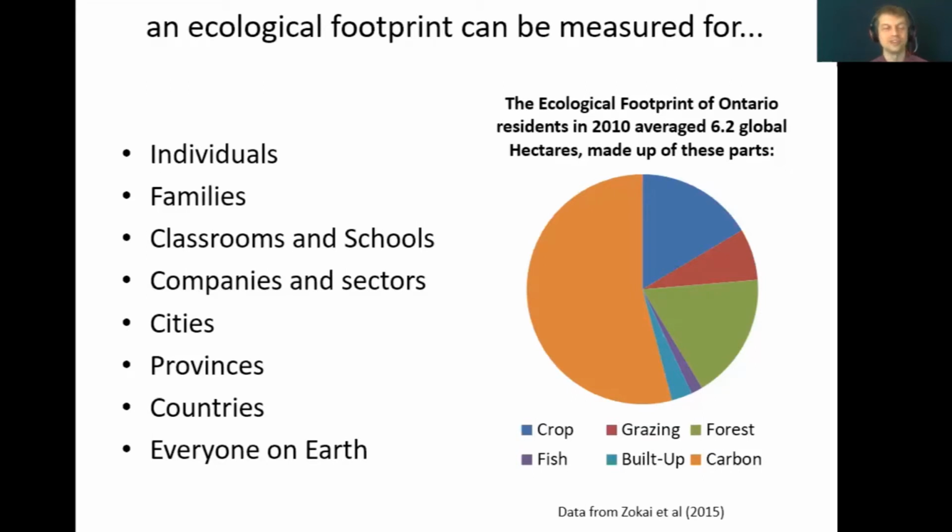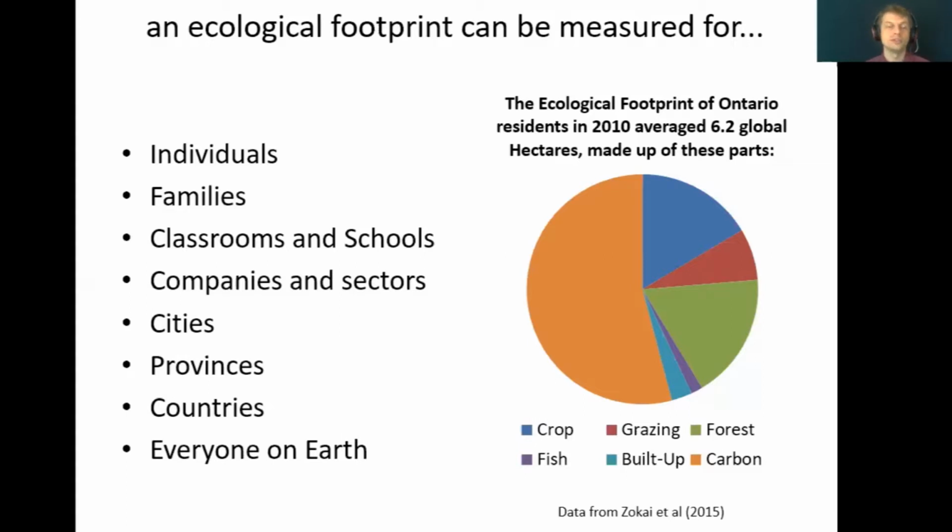Now, it's interesting to note that 2 Olympic-sized Rogers Centres would have about 100,000 seats in them. In other words, the amount of the planet's ecosystem needed to sustain the average person in Ontario is much, much higher than the amount of our physical footprint. And indeed, even our physical butt print when we're sitting down.